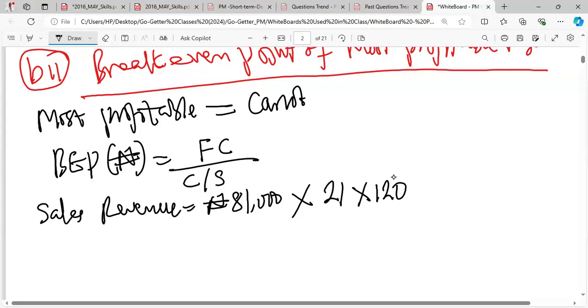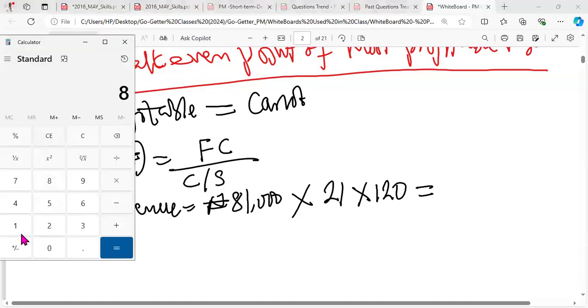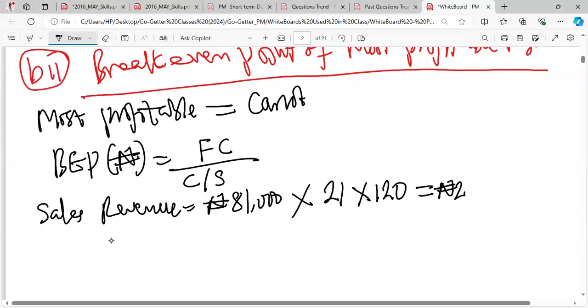So what are you going to get here as your sales revenue? We have it here as 81 multiplied by 21 multiplied by 120. That will give you 204,120. That will put my 3 zeros.